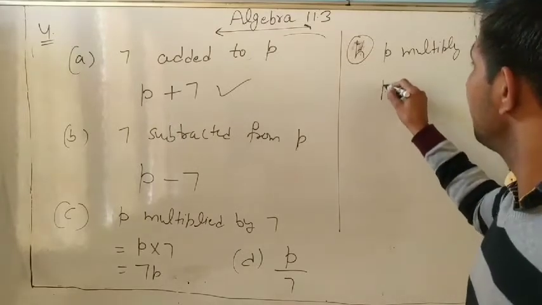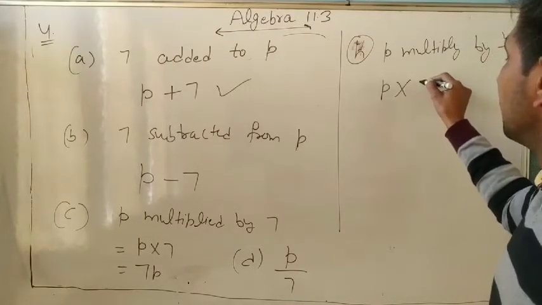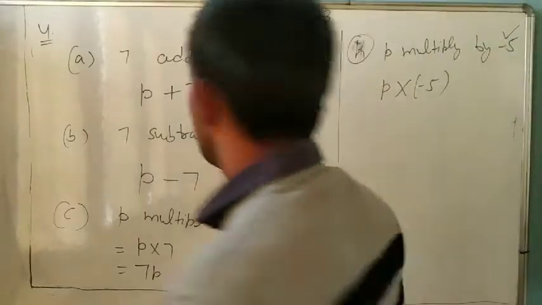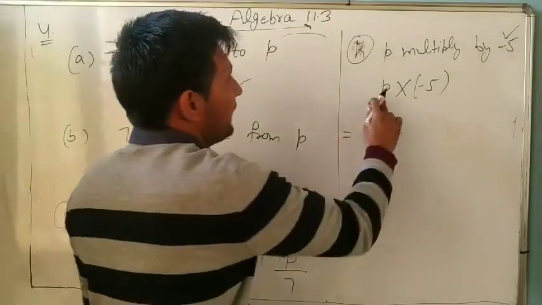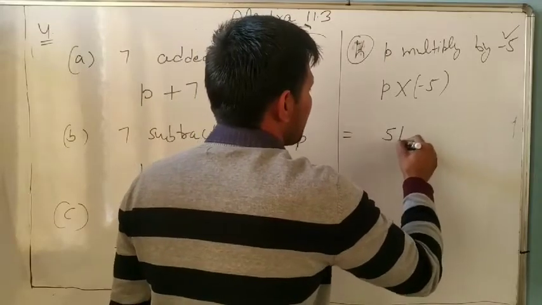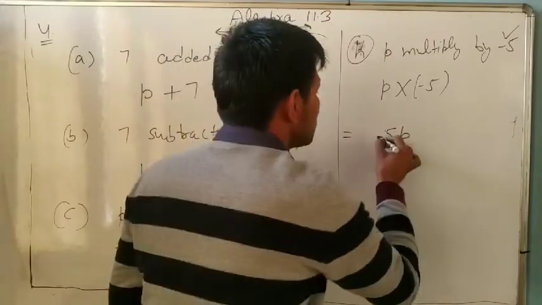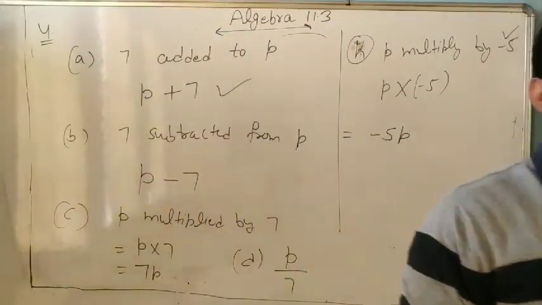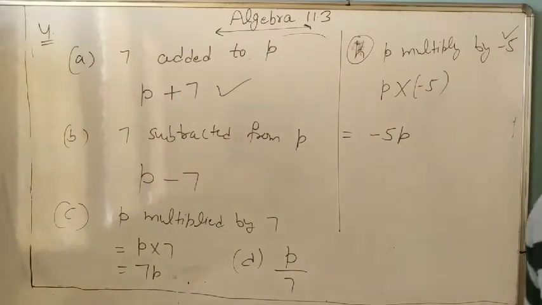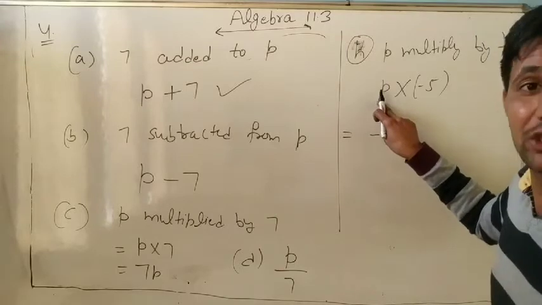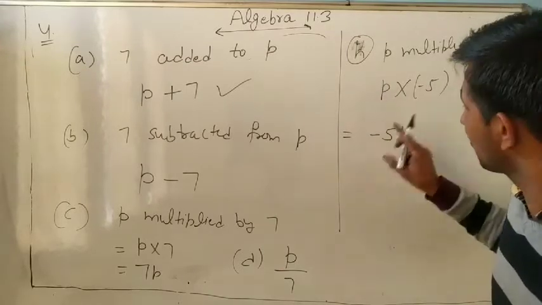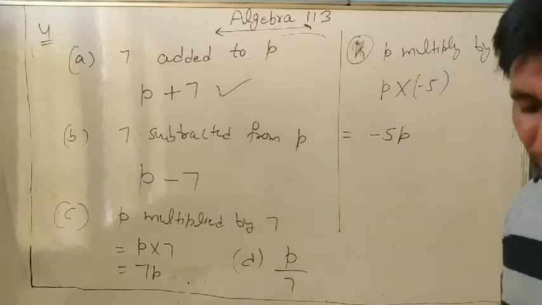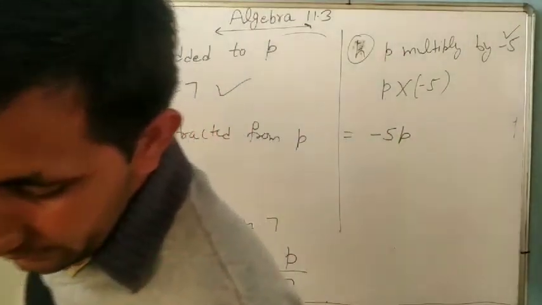Always remember, positive, so P into 5 is 5P. But here it is negative also, so we will use the negative sign also. Always remember, positive multiplication negative, answer comes negative. So minus 5P. Understand?